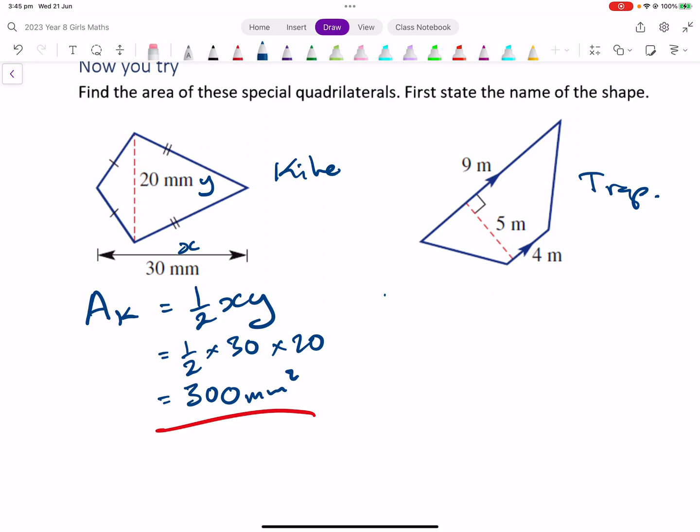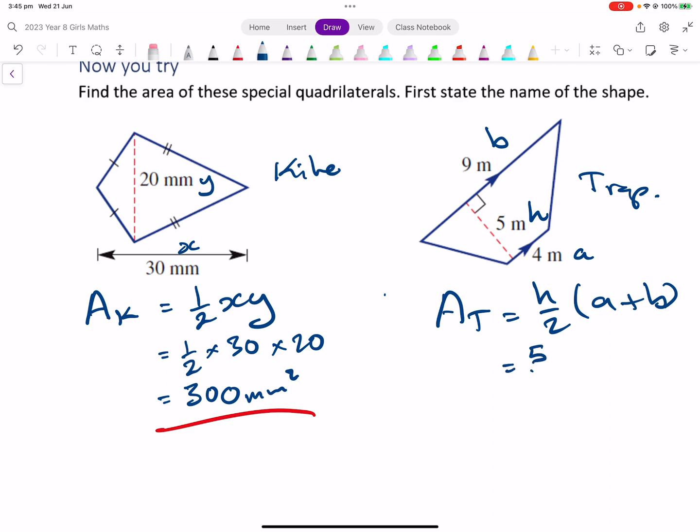All right, let's try this trapezium. Area of a trapezium equals height on 2 into A plus B. I'm going to call this one A, I'm going to call this one B, and this one, which is the distance between the two parallel sides, is the height of the trapezium.